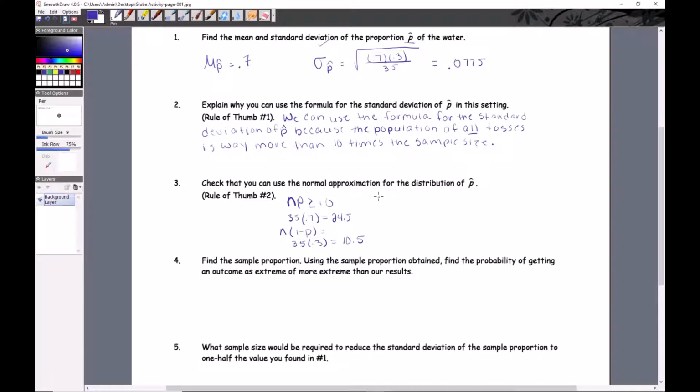So we'll just indicate that both exceed 10. So normality of the sampling distribution is approximated.